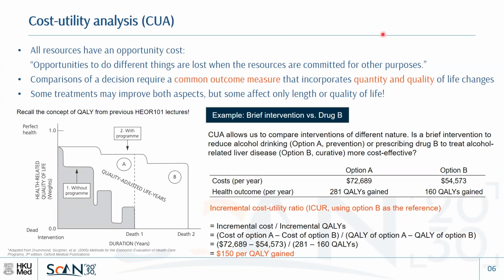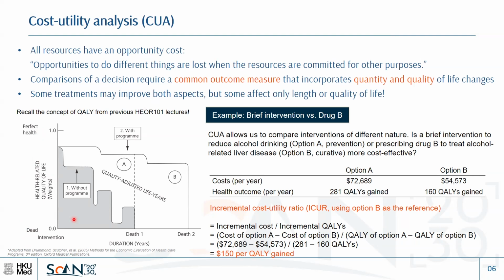Recall the concept of quality from what we learned in previous HEOR 101 lectures. Utility is a value set that translates health states into a numerical value indicating the quality of life between perfect health and death. Quality adjusted life years, QALY, is the outcome measure that incorporates length of life and quality of life, which could act as the common outcome measure for direct comparison.